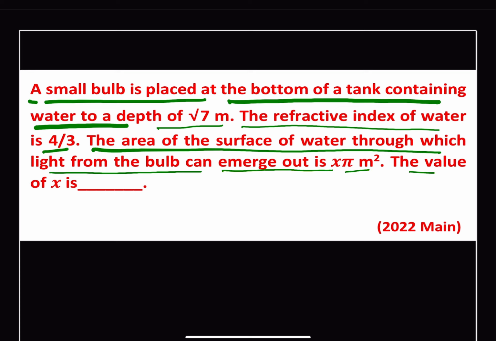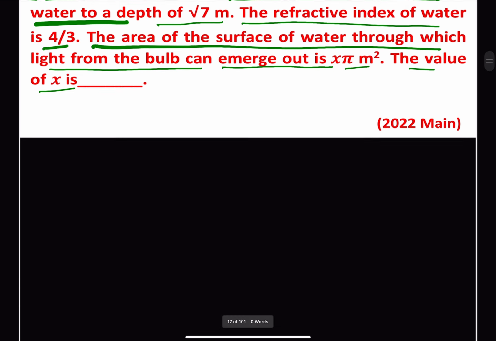The value of x is, so here we are given that a bulb is placed inside a tank. Okay, and the water depth is given to us, so we can just draw an approximate figure for that.